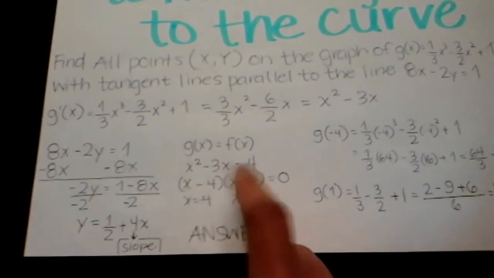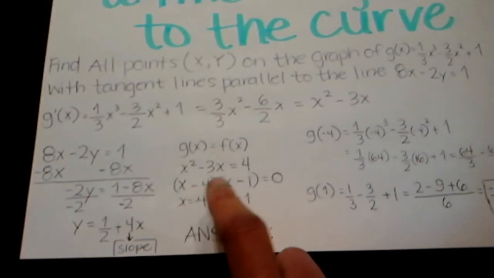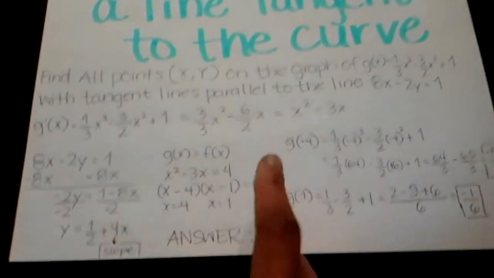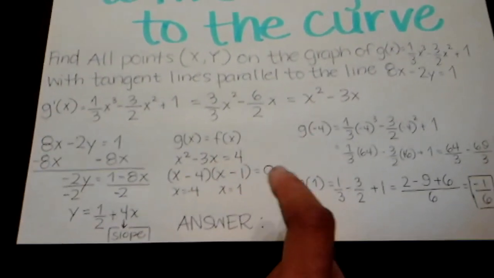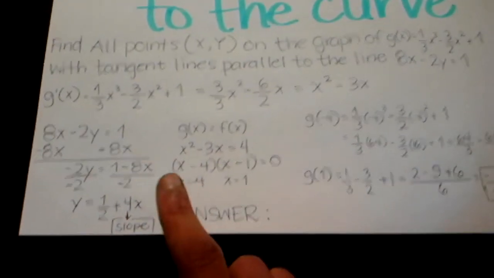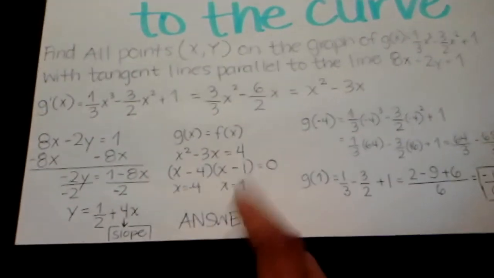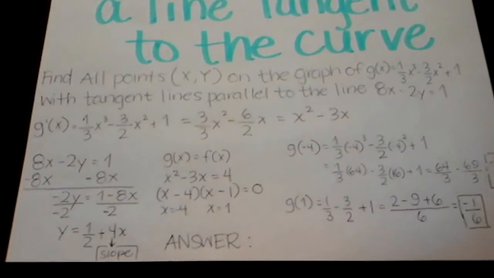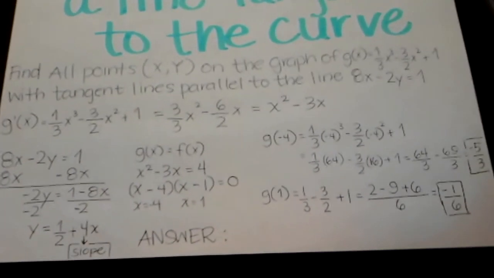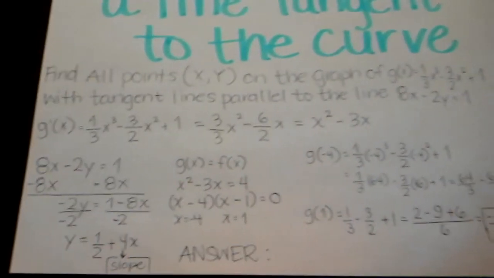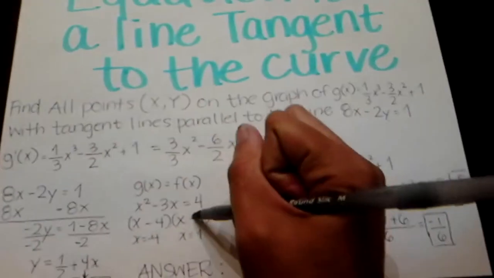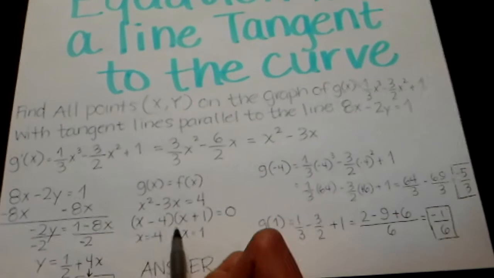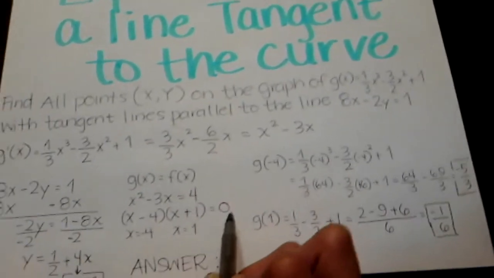So you're going to have x squared minus 3x equals 4. You're going to subtract 4, and you're going to bring it in, and the equation now equals 0. So then you're going to factor it. You combine two numbers that you can multiply to get 4, and subtract or add to get 3. So basically, you use those two, x minus 4 and x plus 1, that'll give you 0.